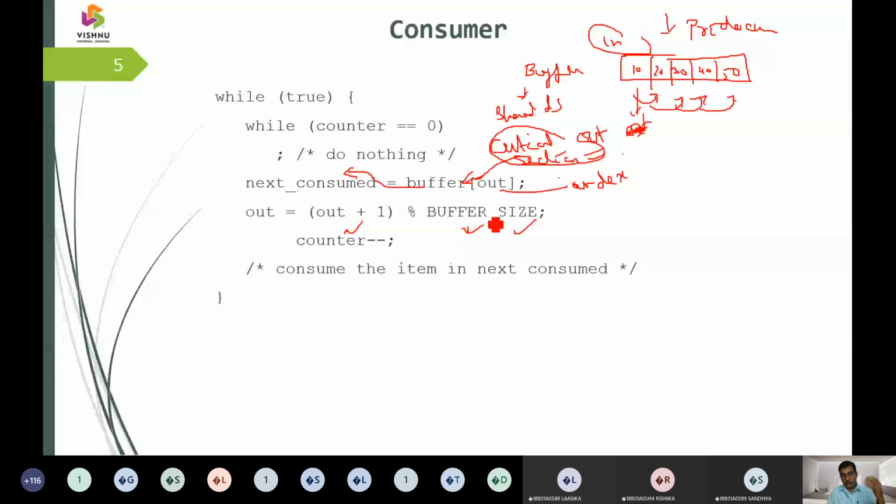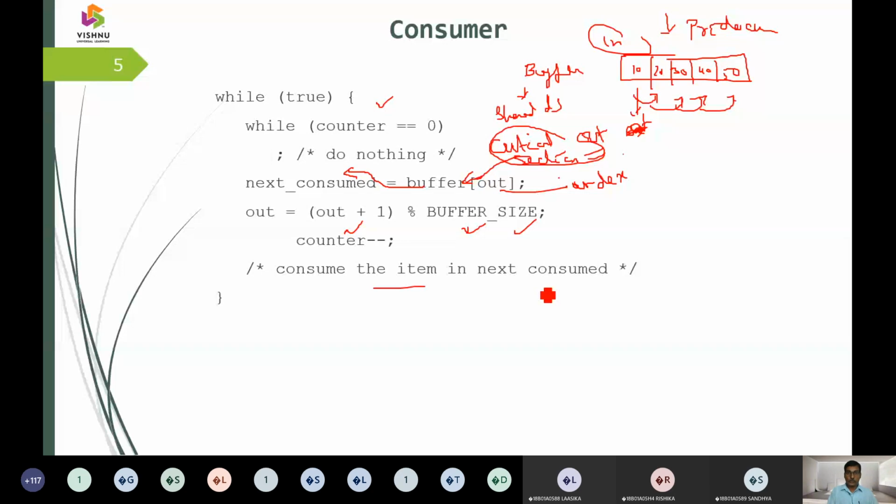Then we are going to initiate one more value here as counter, until the counter is decremented. To the end, the item is going to be consumed, and in the next consume, one by one we are going to consume the items. So that is the solution given for the producer and consumer problem.